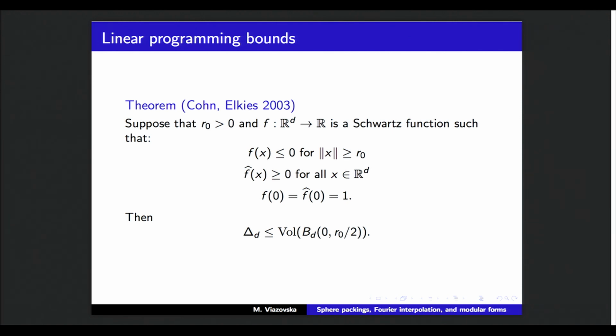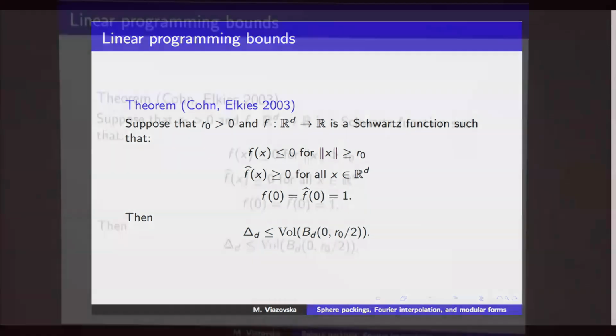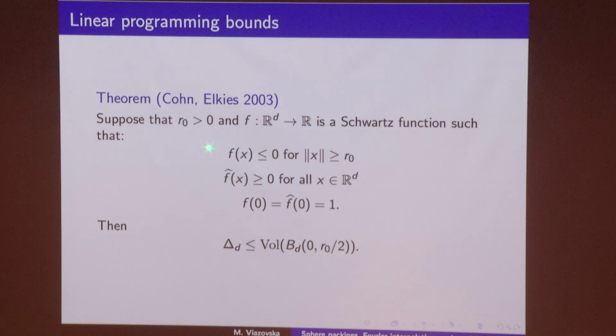Their method tells us that if we can find a function in d-dimensional space which satisfies these restrictions, first that this function is non-positive outside of a ball of some radius r0, then the Fourier transform of this function is non-negative, and our function is normalized in such a way that the value of the function at 0 is equal to the value of its Fourier transform at 0, and it's equal to 1.